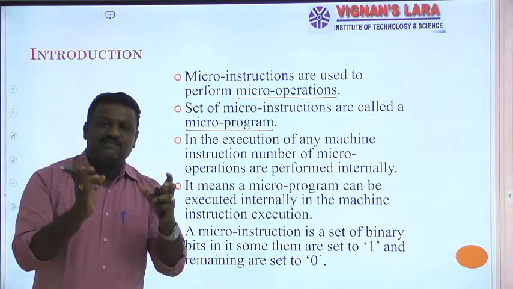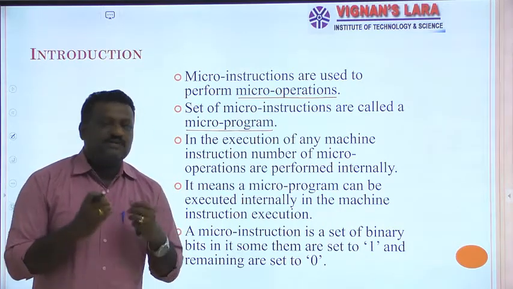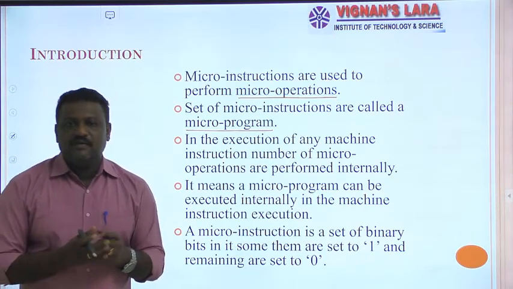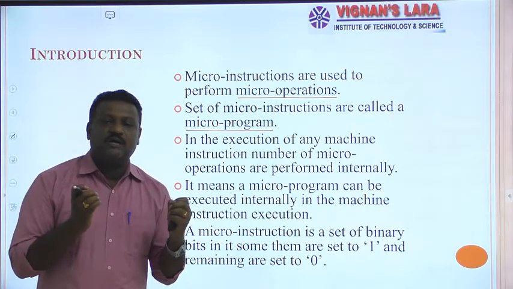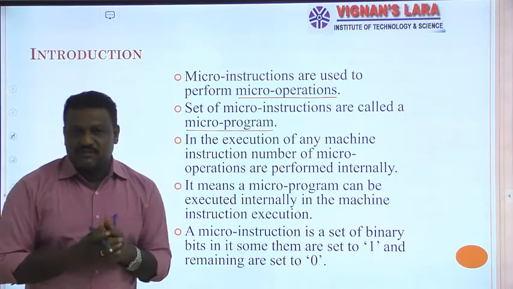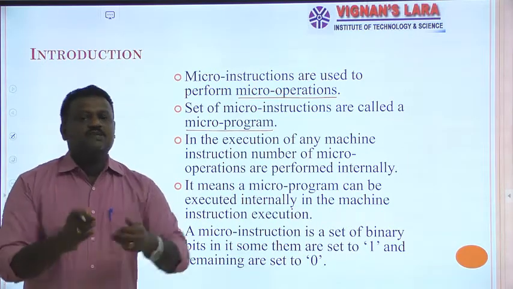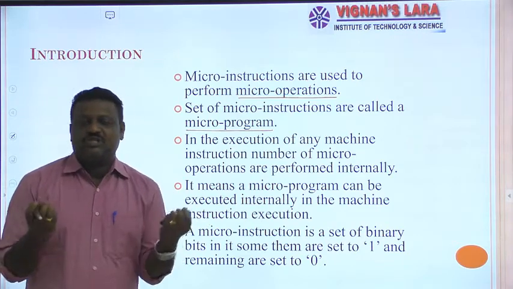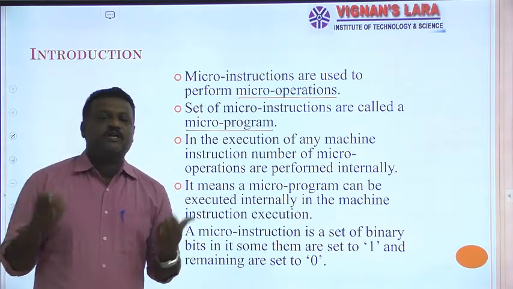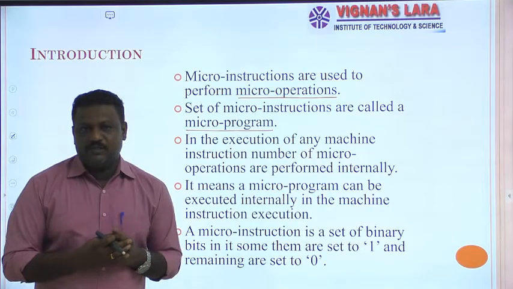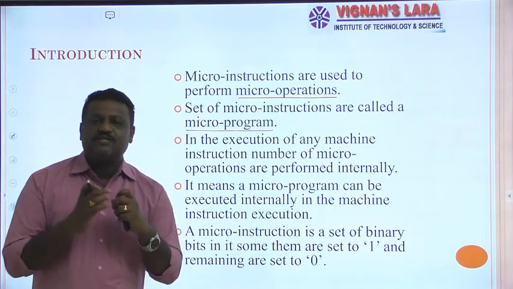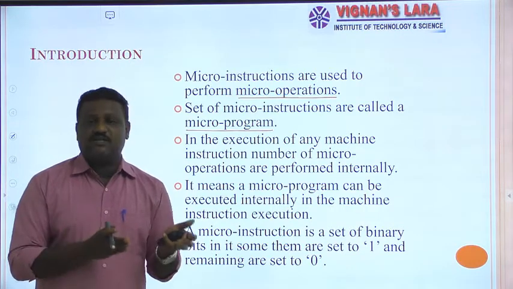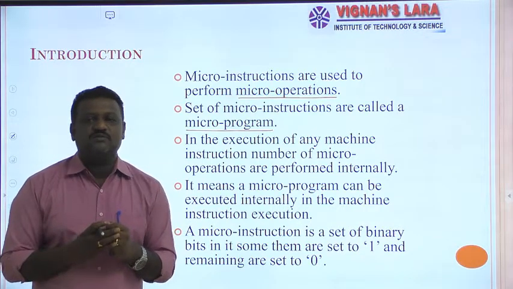The bits set to 1 represent a control signal, and that corresponding control signal is activated. If the bit value in a micro instruction is set to 0, the corresponding control signal is not active. So a micro instruction consists of a group of binary bits.